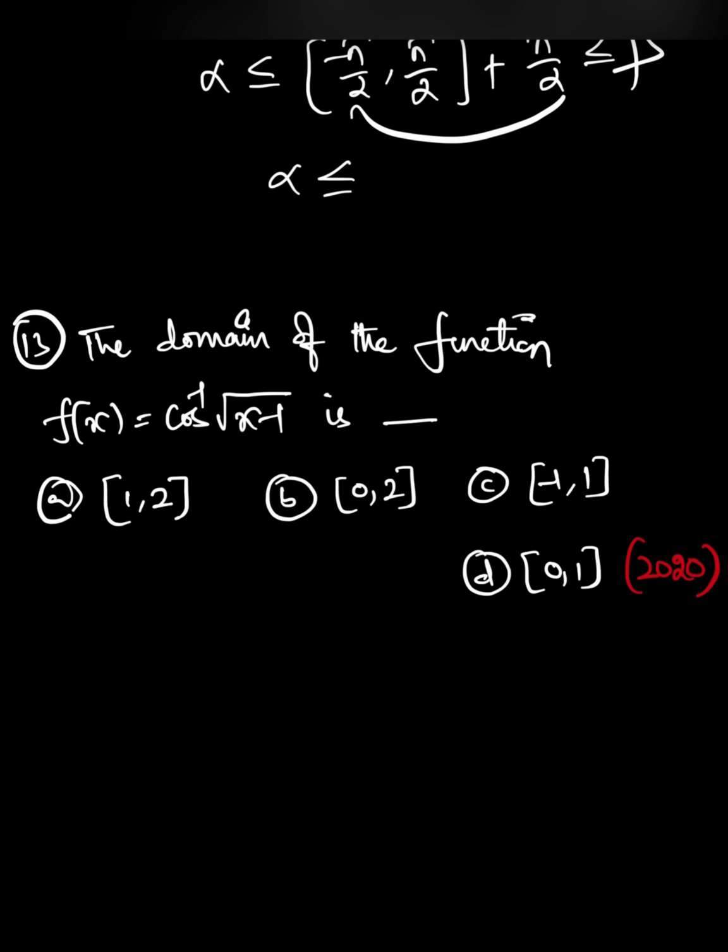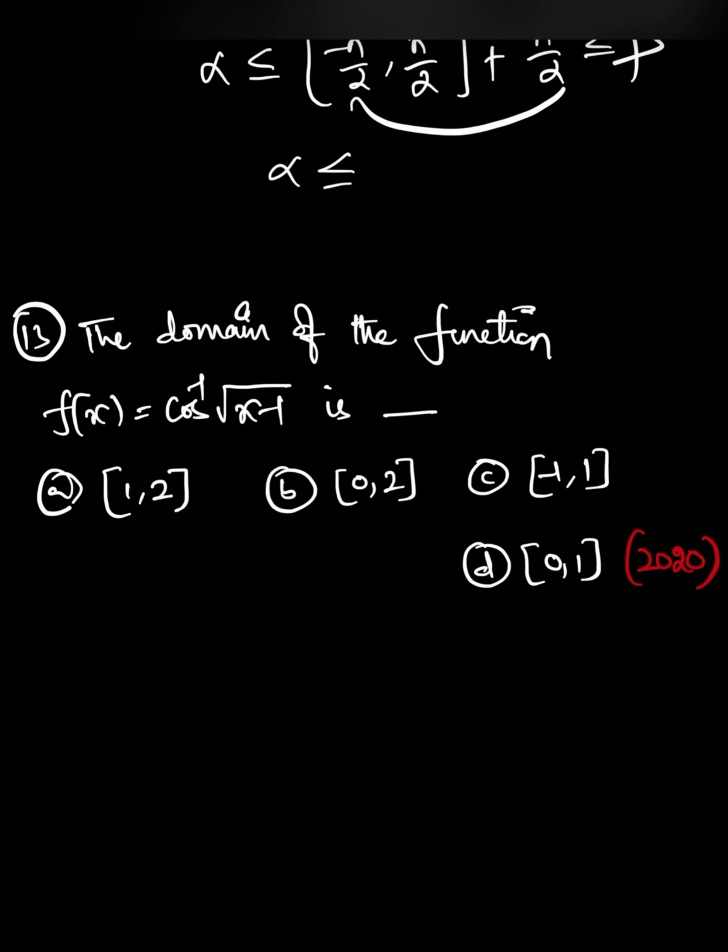Next, come on to the 13th question. The domain of the function f of x equals cos inverse of root over x minus 1. Coming to the domain, it means the suitable values of x. Here they have chosen 0 and here also they have chosen 0. If I substitute 0 in place of x, 0 minus 1 is negative.